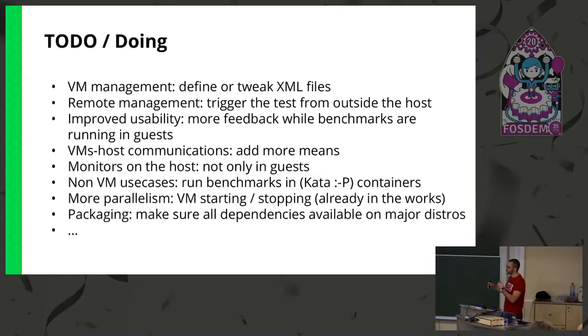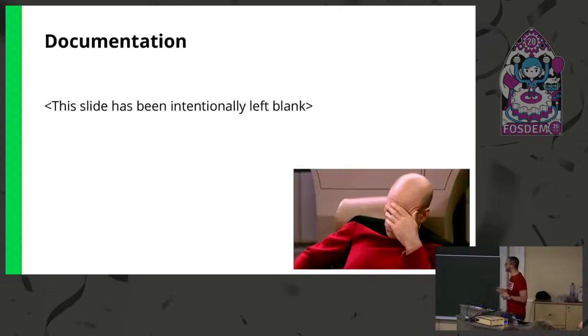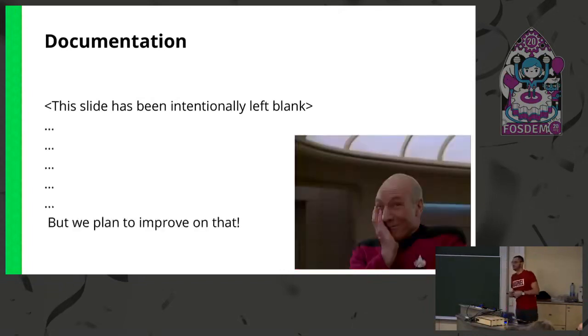Right now it is a little bit too much of a sequential thing, which is not fancy if you have to run the benchmark inside 30 or 60 virtual machines. I want to have some VM management stuff. Then there is documentation. That's pretty much the documentation that you find about it, but it will get better.